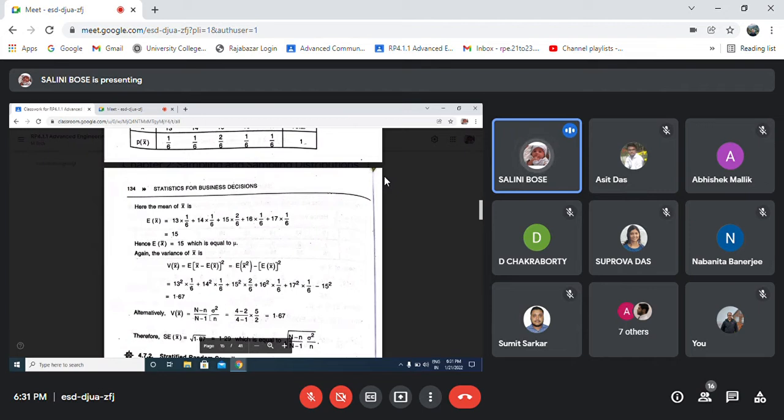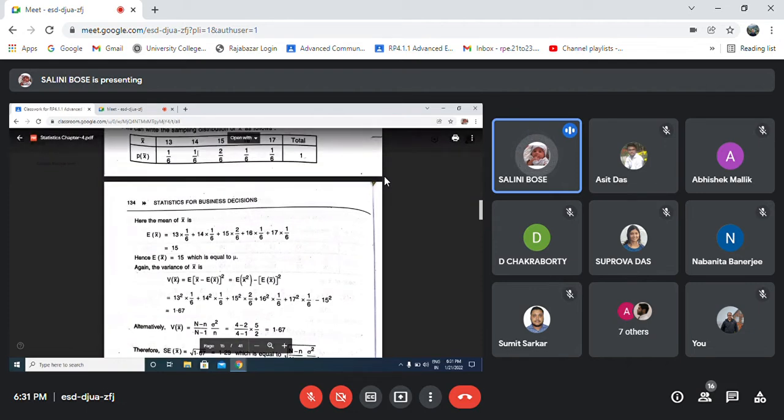So before doing that, we first find the sample variance of x bar. That is the formula E of x bar square minus E of x bar whole square. E of x bar is 15, so 15 square, and E of x bar square means 13 square into 1 by 6 plus 14 square into 1 by 6 plus 15 square into 2 by 6 plus 16 square into 1 by 6 plus 17 square into 1 by 6, minus 15 square.